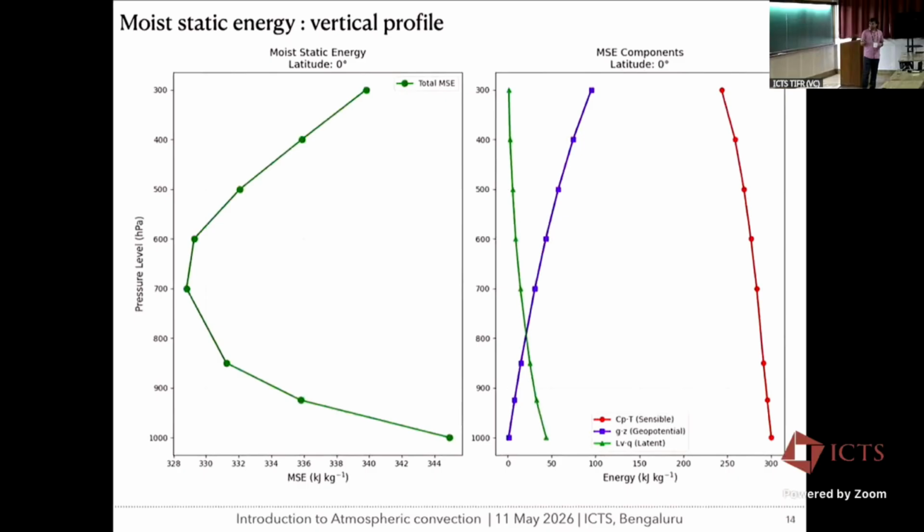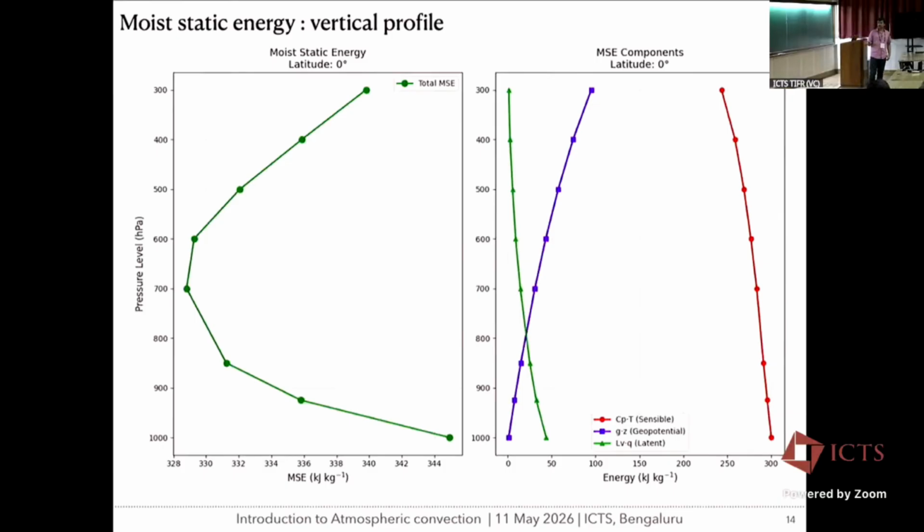And so now I have plotted all three components, the sensible, the potential energy, and latent energy on your right-hand side panel. And then I have summed them to plot the moist static energy on the left-hand side.